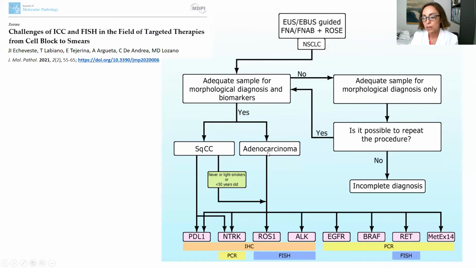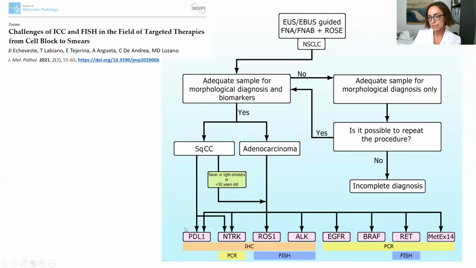If we diagnose adenocarcinoma, or a squamous cell carcinoma in never or light smokers or patients under 50 years old, we have to do the entire panel.